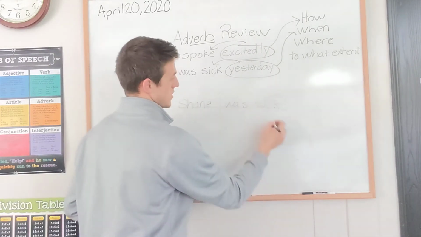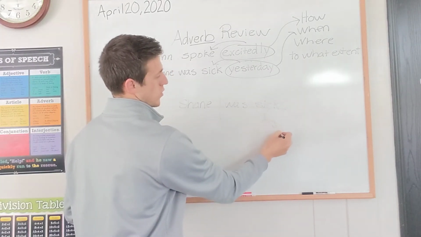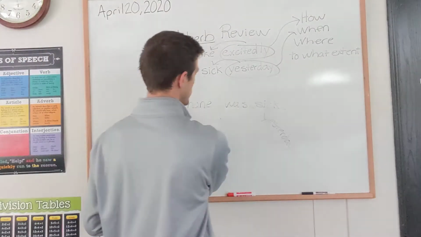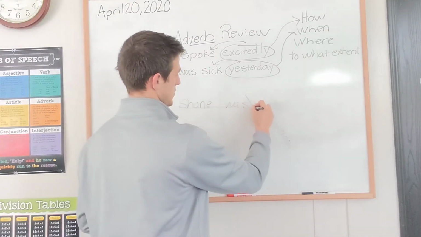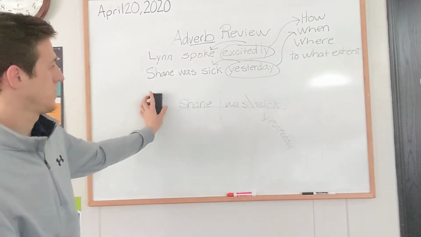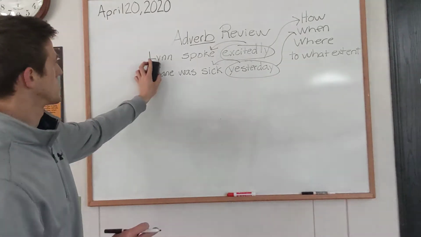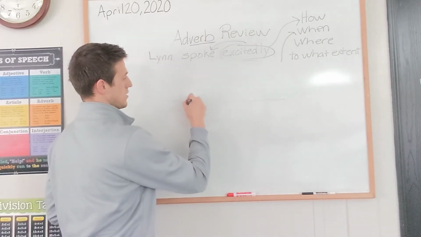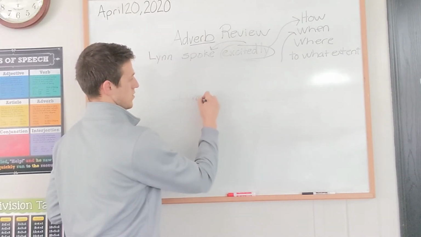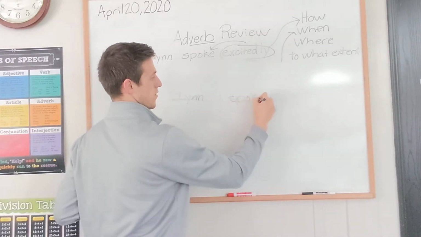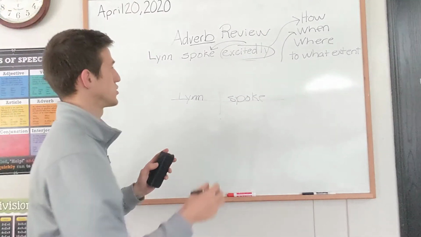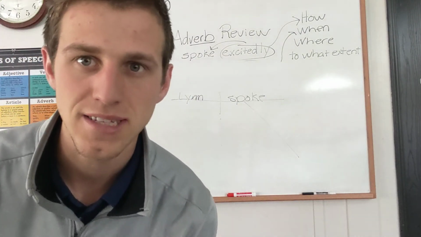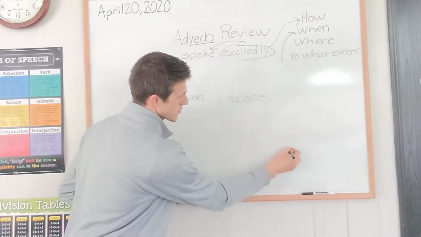So yesterday would go underneath there, just like that, right? And we have one more. Actually, this would be like this. We have one more to do. Lynn spoke. And how did she speak? She spoke excitedly. So that is going to go underneath our verb. Man, it's kind of hard to see. I need to get new markers.